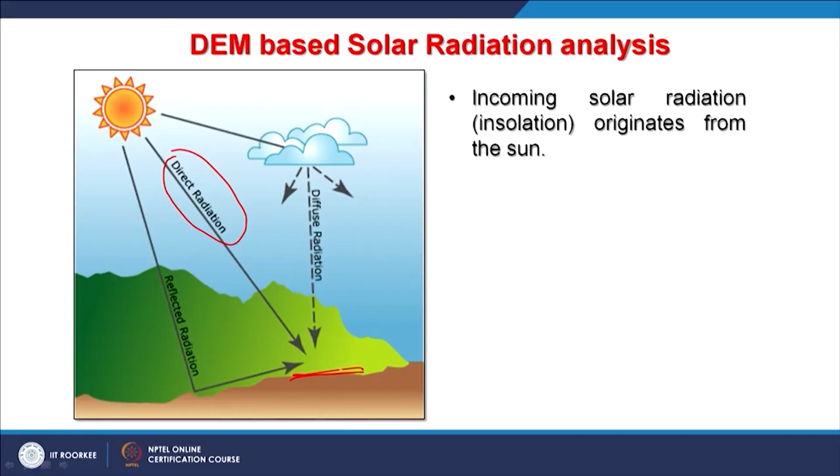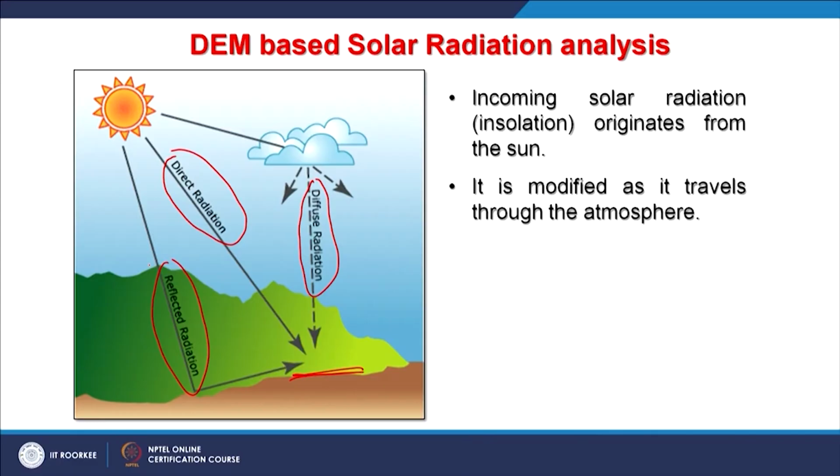If it is cloudy or some substances or gases are present in the atmosphere, then instead of getting direct radiation, we get diffuse radiation. And sometimes in hilly regions, we also get radiation which is called reflected radiation. So, this incoming solar radiation, or in short insolation, comes from the sun.